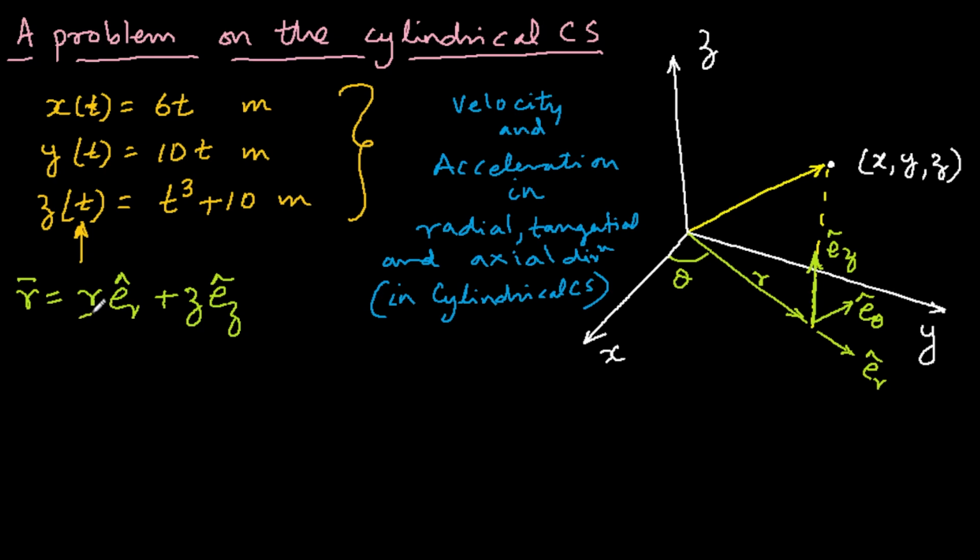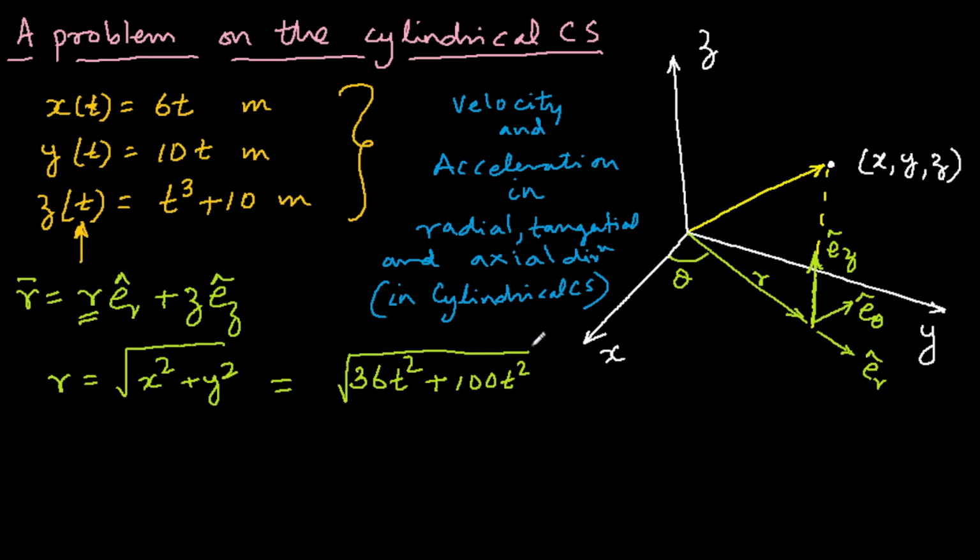But for that we need to see how R can be expressed in terms of x, y, z. R is the projection on the xy plane, so R is nothing but the square root of x squared plus y squared, so it's the square root of 36 t squared plus 100 t squared.